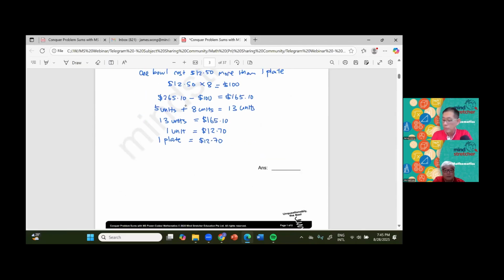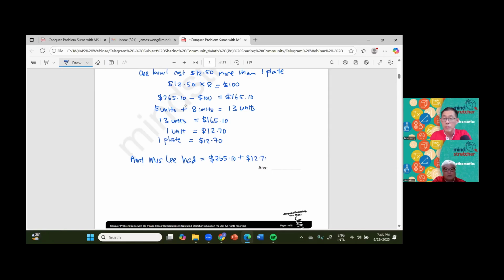Since she has already spent the 265.10, I can write down the amount Mrs. Lee had will be equal to 265.10, plus the amount for one plate. If she were to buy one more plate, she will have spent another 12.70, because I know how much one plate is.